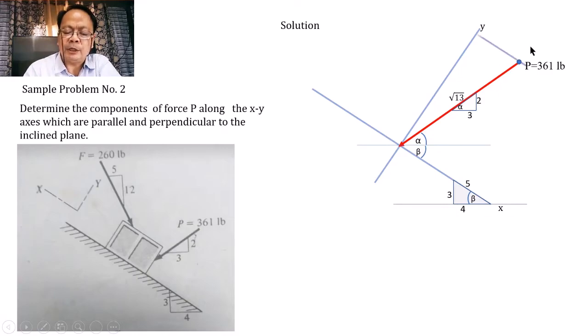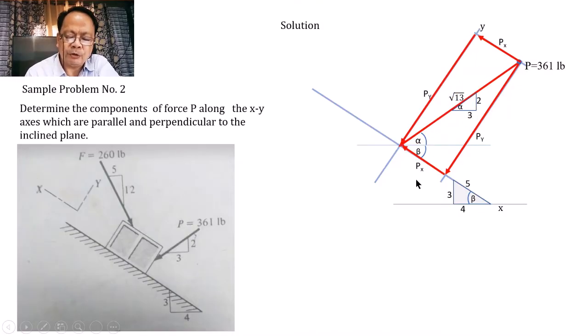So let us draw this line parallel to the x, and from here, we also draw a line that is parallel to the y. So this component will be our x component of P, while this component will be our y component of P. And because this is a rectangle, this side will also be equal to that side.